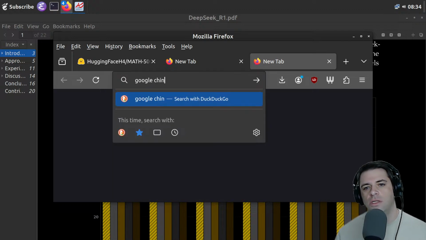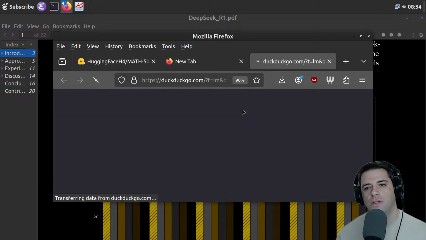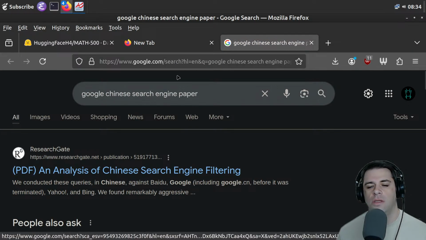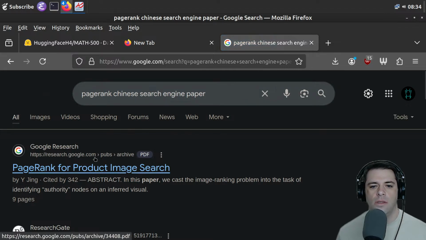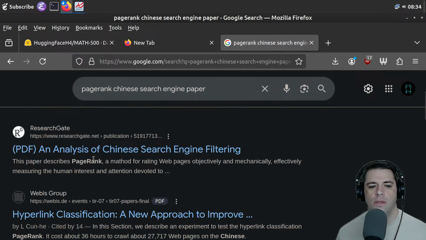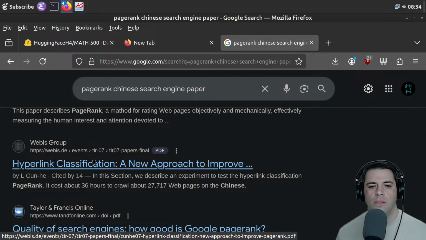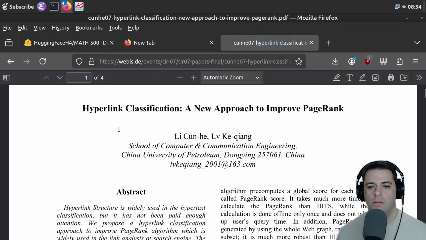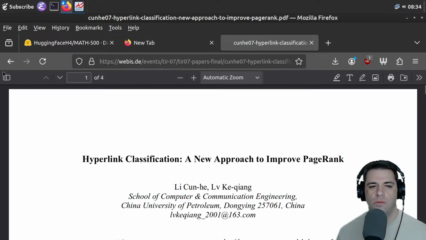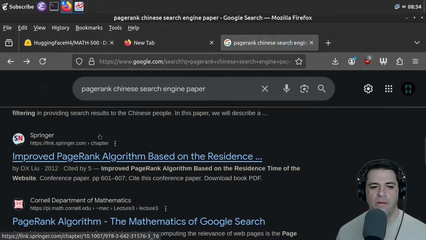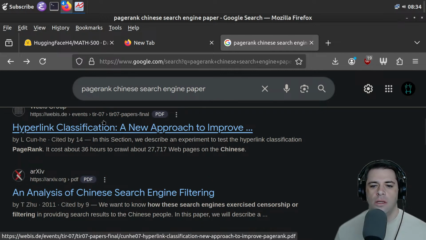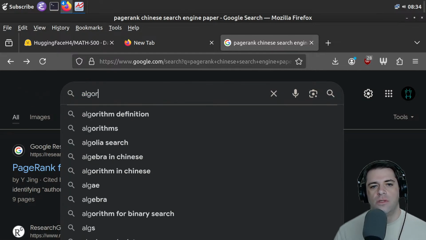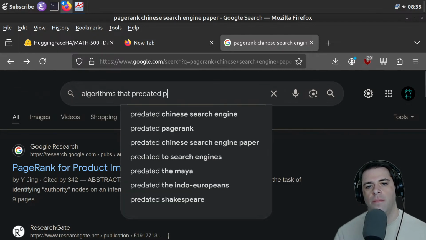Google Chinese search engine paper. Maybe PageRank. Is this it? No, this is 2001. I'm not sure I'm remembering that correctly, about algorithms that predated PageRank.